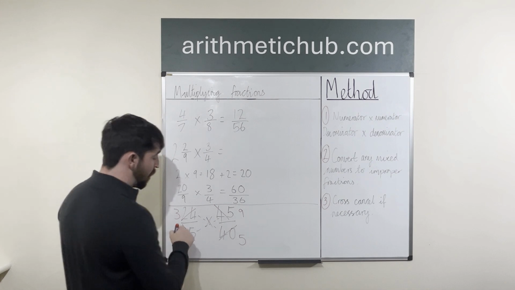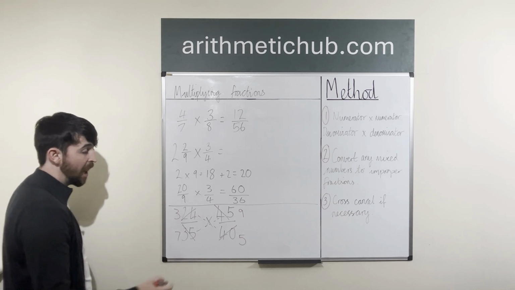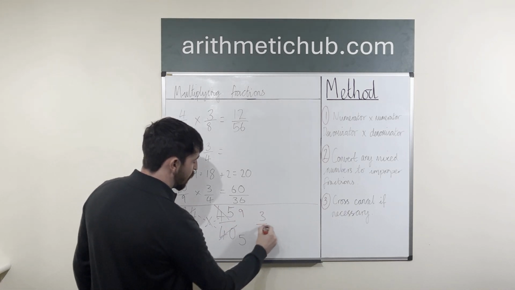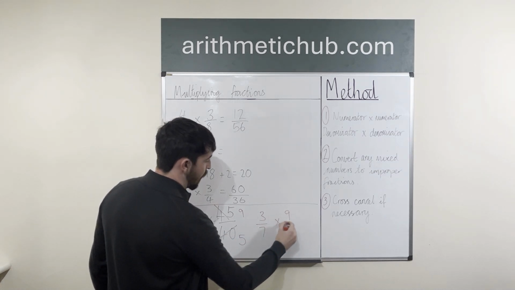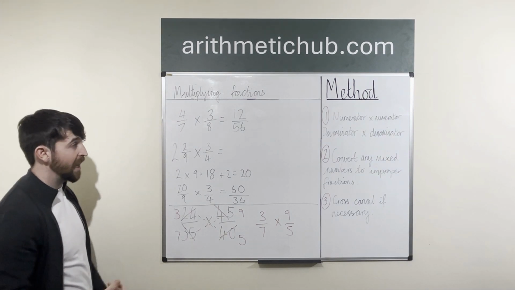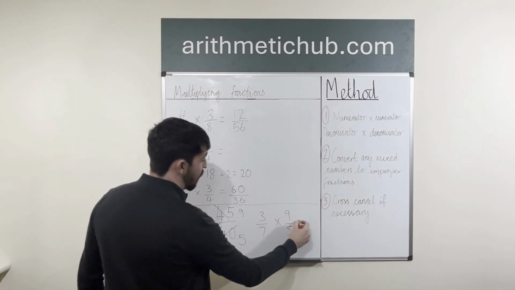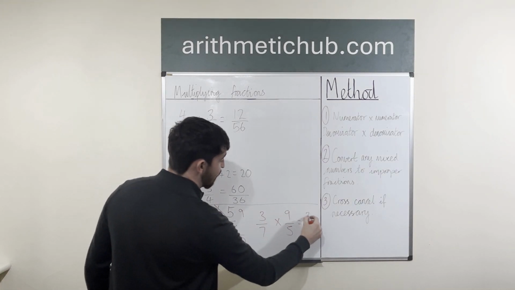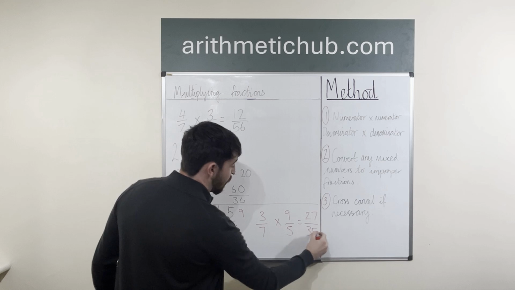Now all of a sudden, rather than having 24 times 45 and 35 times 40, I've got 3/7 times 9/5. And now I would just do the same method as what I did over here with our numerator times numerator, denominator times denominator. 3 times 9 is going to give me 27. 7 times 5 is going to give me 35.